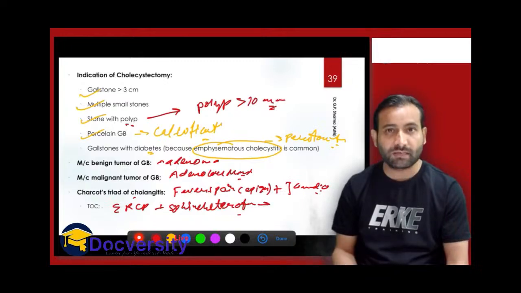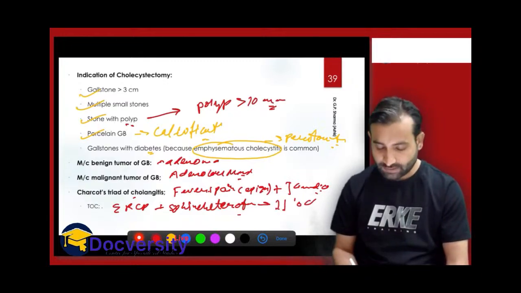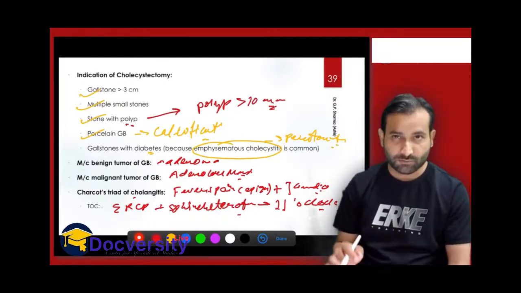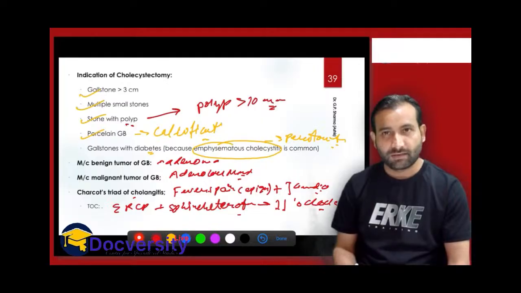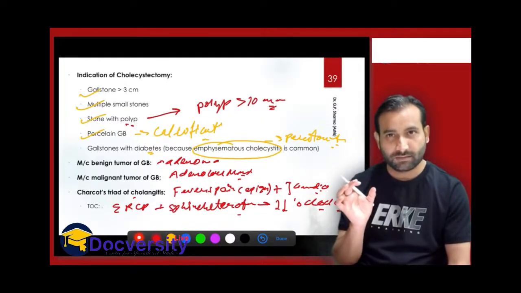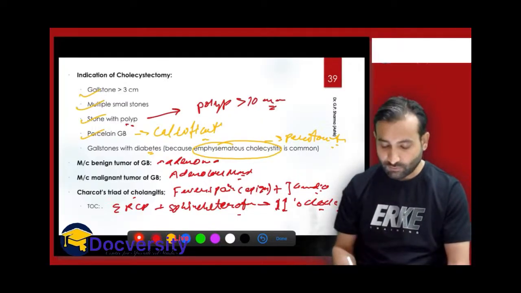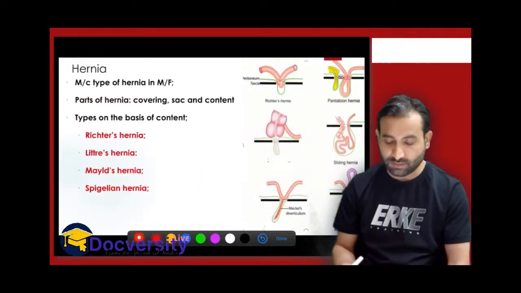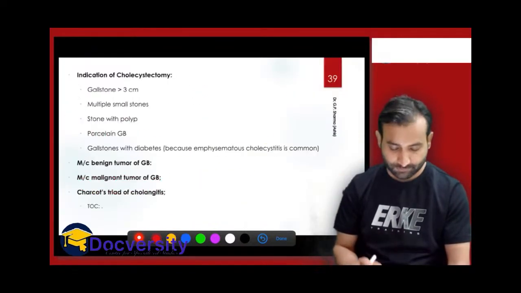Sphincterotomy means you have to cut the sphincter of Oddi, right? And this cutting should always be at the 11 o'clock position. This is a question in the exam, okay? Because it avoids injury to the pancreatic duct sphincters.